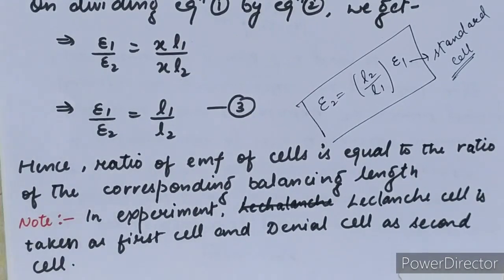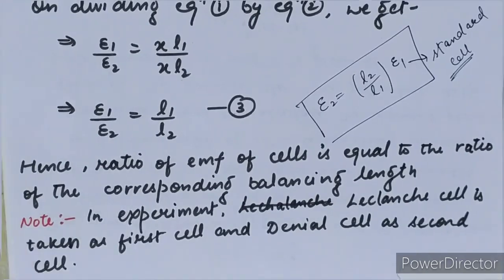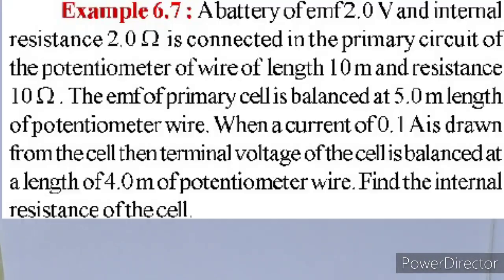Now here we are solving a numerical related to these formulas. A battery of EMF 2 volt and internal resistance 2 ohm is connected in the primary circuit of a potentiometer wire of length 10 meter and resistance 10 ohm. The EMF of a primary cell is balanced at 5 meter length of potentiometer wire.